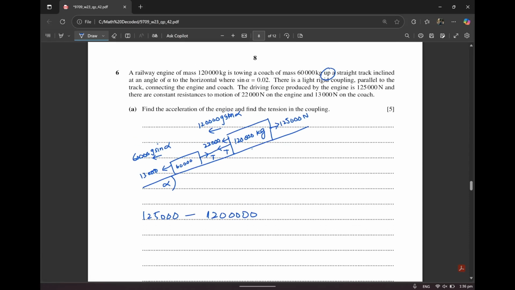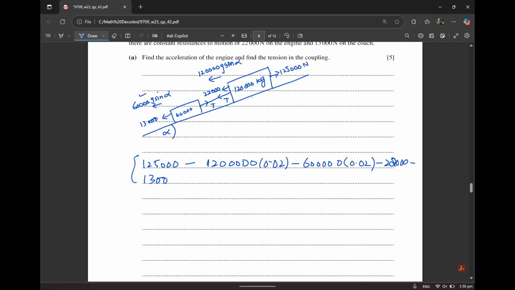Sine alpha is 0.02, minus this value 60,000 G sine alpha, that's 0.02, minus the resistance forces now, minus 22,000 minus 13,000. This entire expression gives us the resultant force.